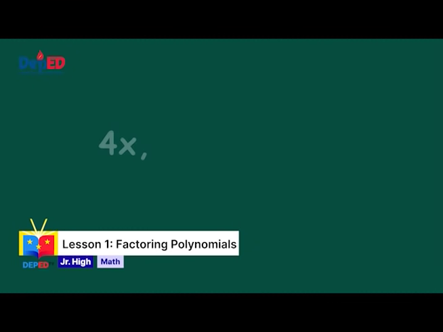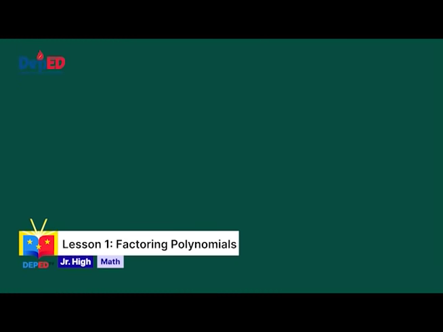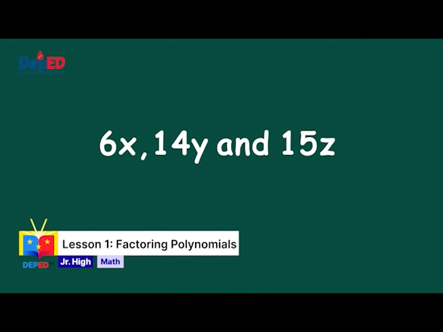Next, what is the greatest common factor of 4x, 12x squared, and 8? The answer is 4. How about the greatest common factor of 6x, 14y, and 15z? Since all three expressions do not have a common prime factor, we can say that they are relatively prime.